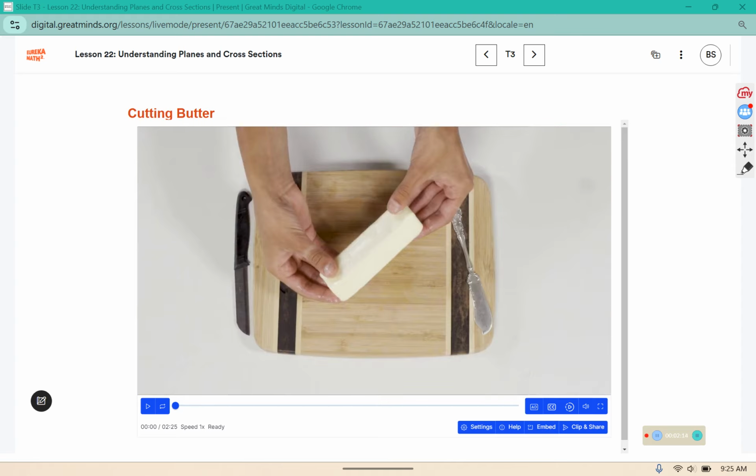We're going to watch a video about them cutting butter. And so the knife represents the plane that is cutting. And we're going to see what happens when you cut parallel to the base or perpendicular to the base.